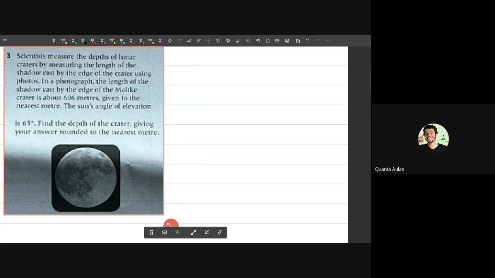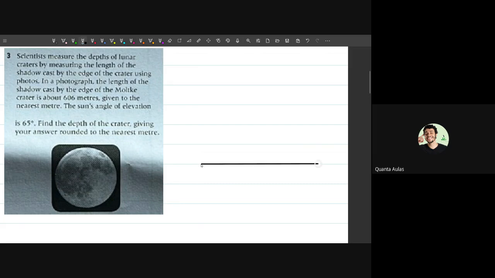Yeah, we need to draw again. Okay, so we have a shadow, and we have the light. I suppose this is the light. You have the height of the crater.